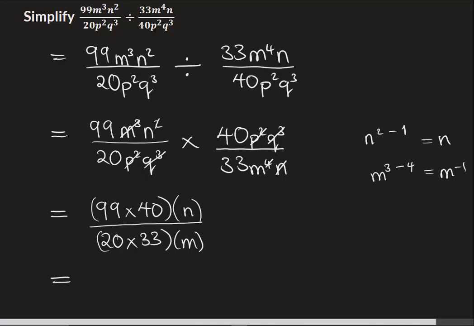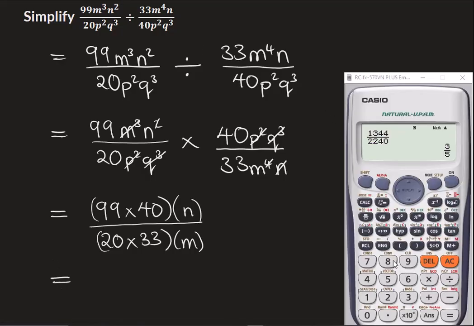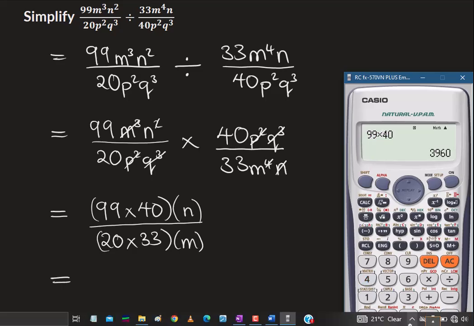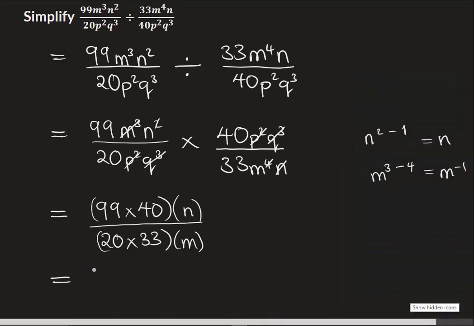We first need to find 99 times 40. 99 times 40 gives us 3960. Those are numbers. Just go direct. 3960n. We do the same for our denominator. 20 times 33. This is a simple number.